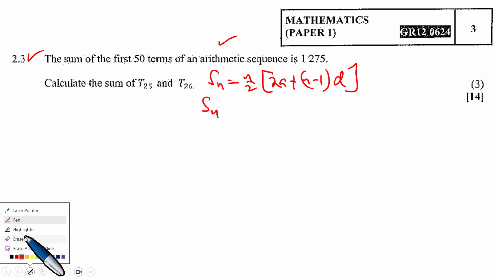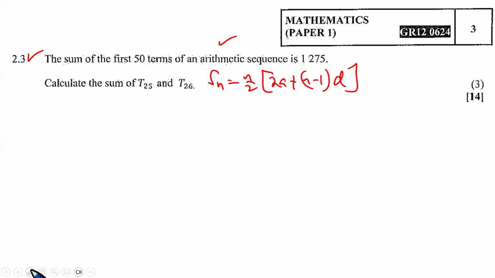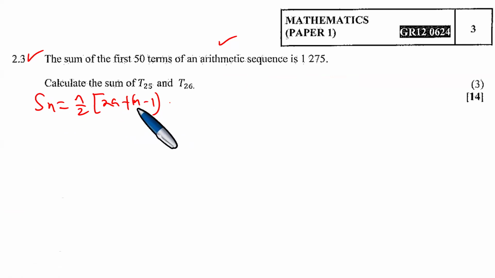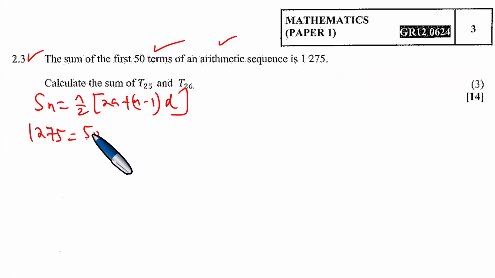We can write this at the bottom here and say that for any arithmetic sequence, we know that S sub n is n over 2 times twice a plus n minus 1 times the common difference d. The sum is 1275.